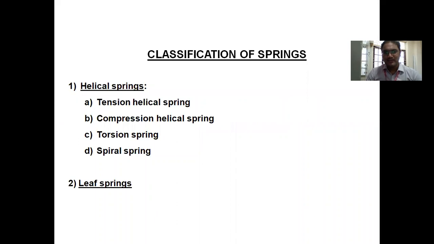If you see the different classifications of springs, in the first lecture we went through a few videos where you saw different types of springs like helical springs and leaf springs.